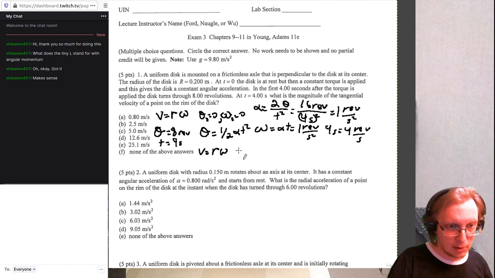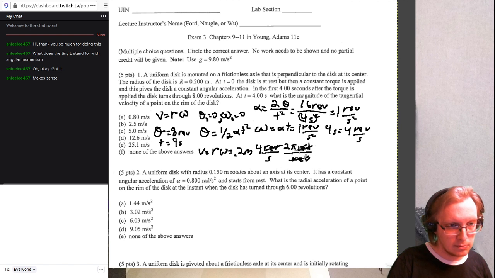Well, got a problem here. That's in revolutions. So r is 0.2 meters. Omega is 4 revolutions per second. We need this to be in radians. There are 2 pi radians per revolution. Revolutions cancel.